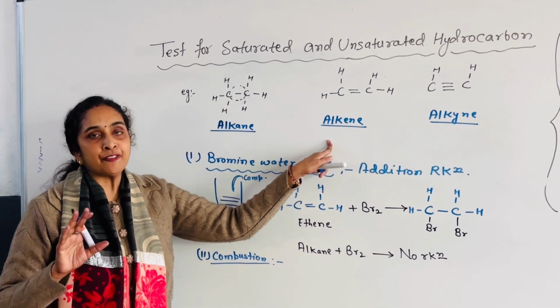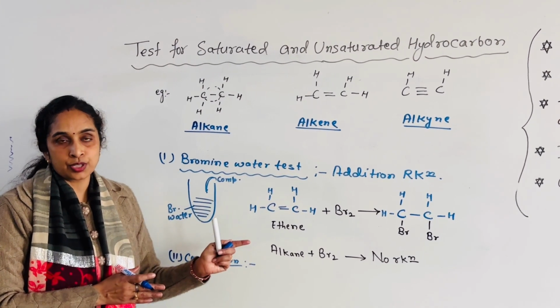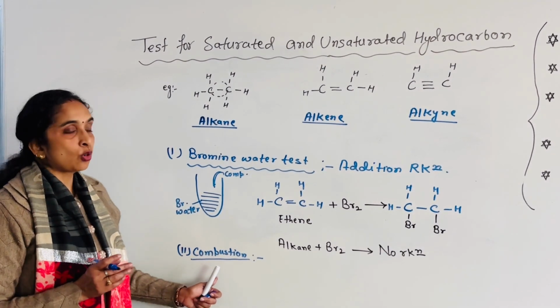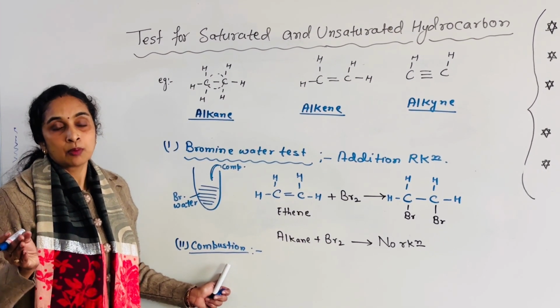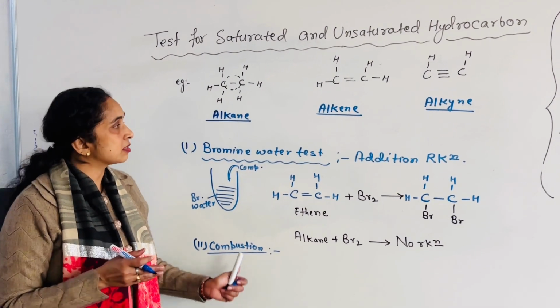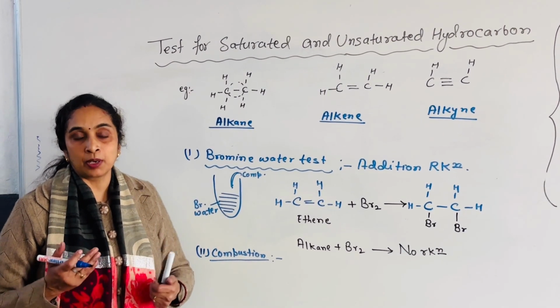So we can differentiate by burning the given hydrocarbon, but it does not show the color exactly, because sometimes the mixture is denatured by the addition of a different type of compound.